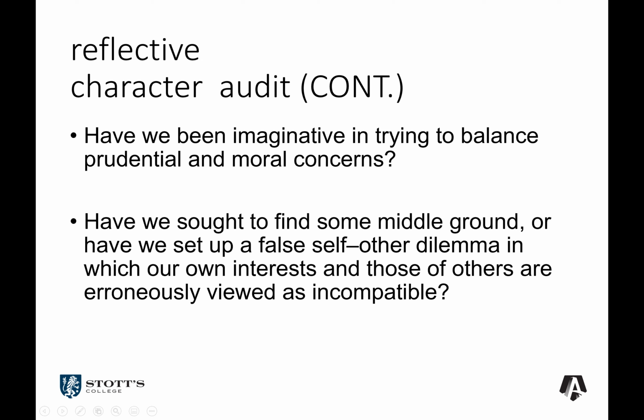Have we been imaginative in trying to balance our prudential and our moral concerns? Have we sought to find some middle ground? Or have we set up a false self-other dilemma in which our self-interests and the interests of others are erroneously seen as incompatible with each other?